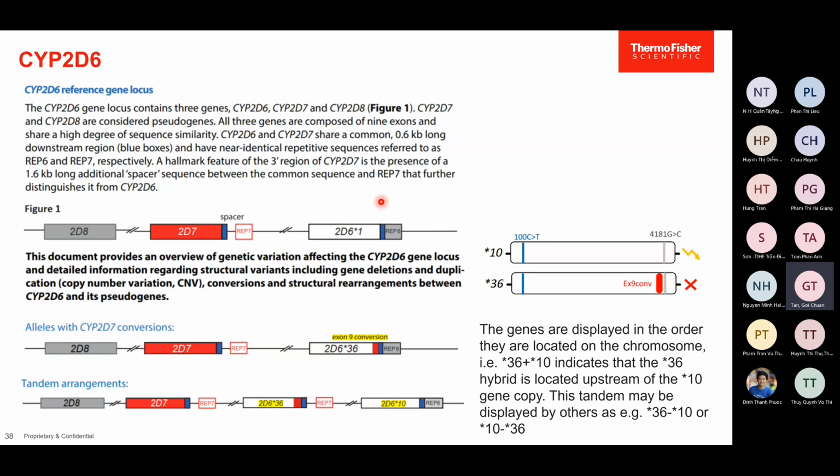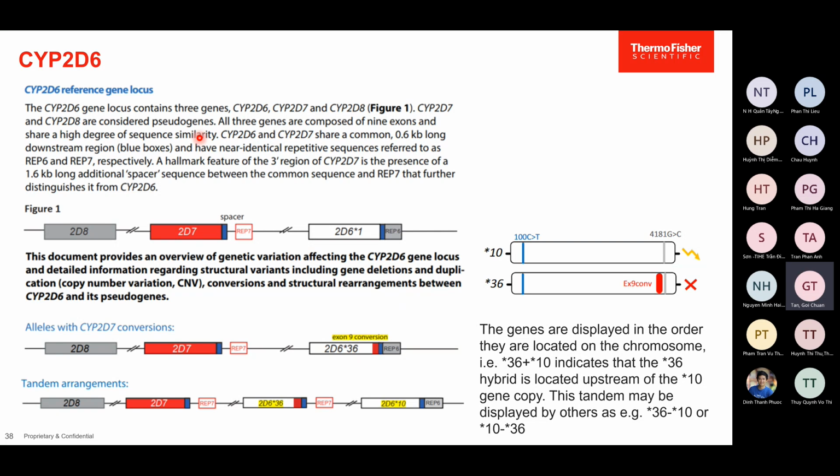And before we go into the detail, I think this will help you to understand more about CYP2D6. So CYP2D6 has two pseudogenes, which are CYP2D7 and CYP2D8. Pseudogenes means that they have very, very high similarity to the actual gene, but they have no function.